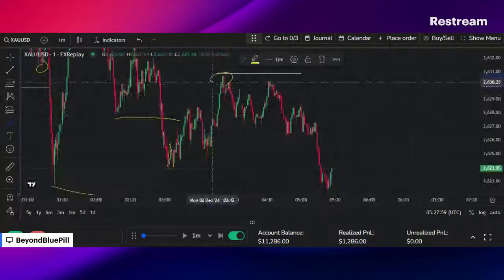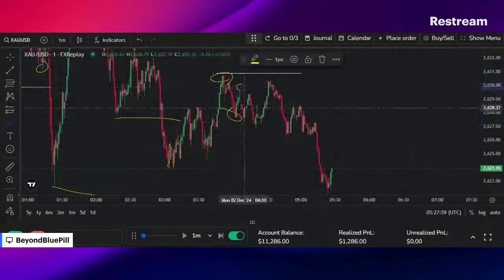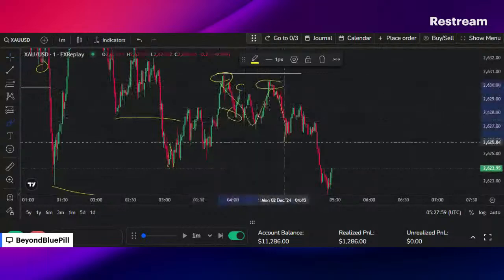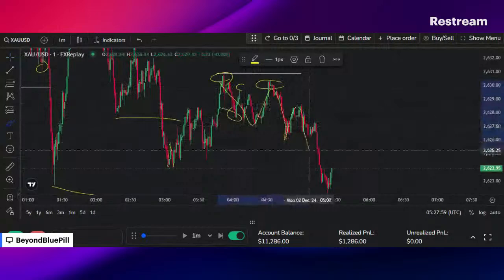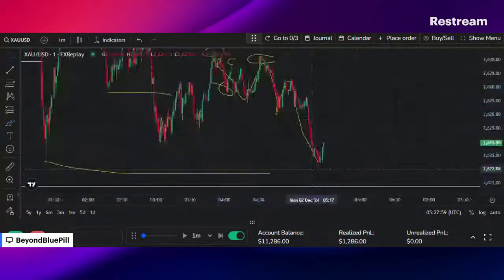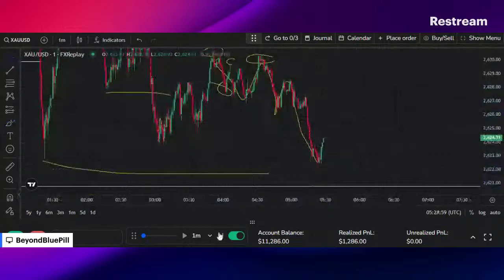Let's see how many swings we have. One, two, right here. Okay, we invalidate this. Two, three. Let's see.